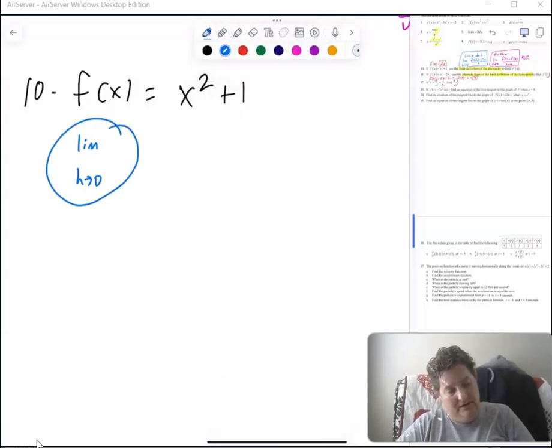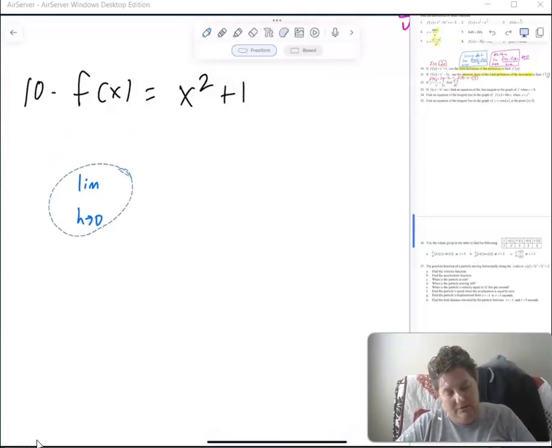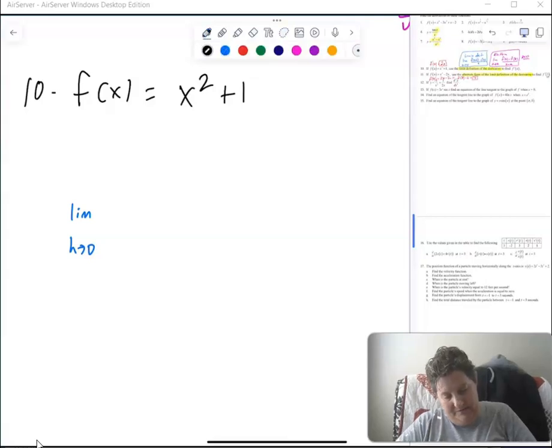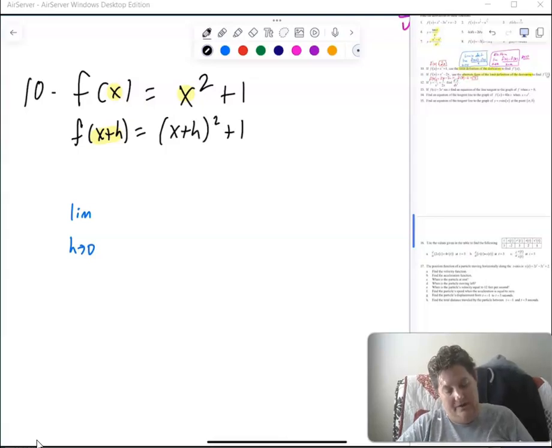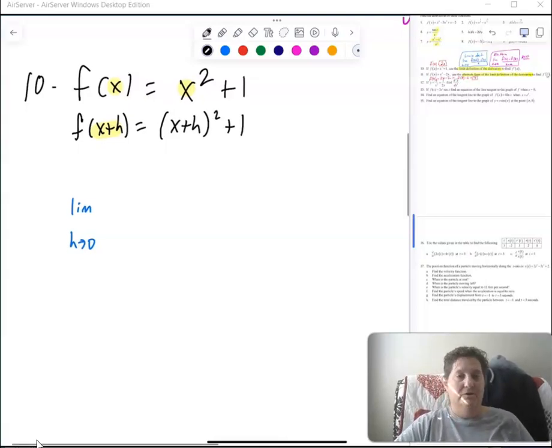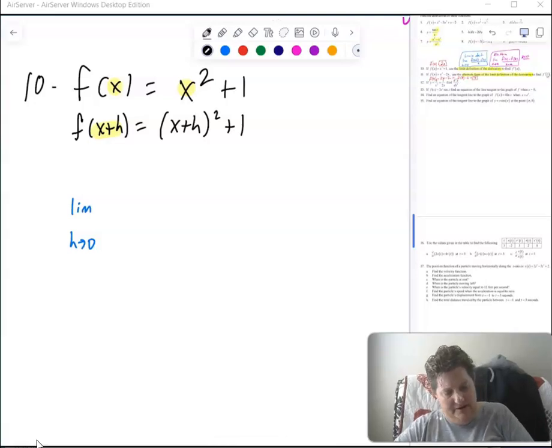Actually, first let me write what f of x plus h is. If this is f of x, and x is right here, it's f of x plus h. Well, I put x plus h right here. You're just plugging in x plus h for x.